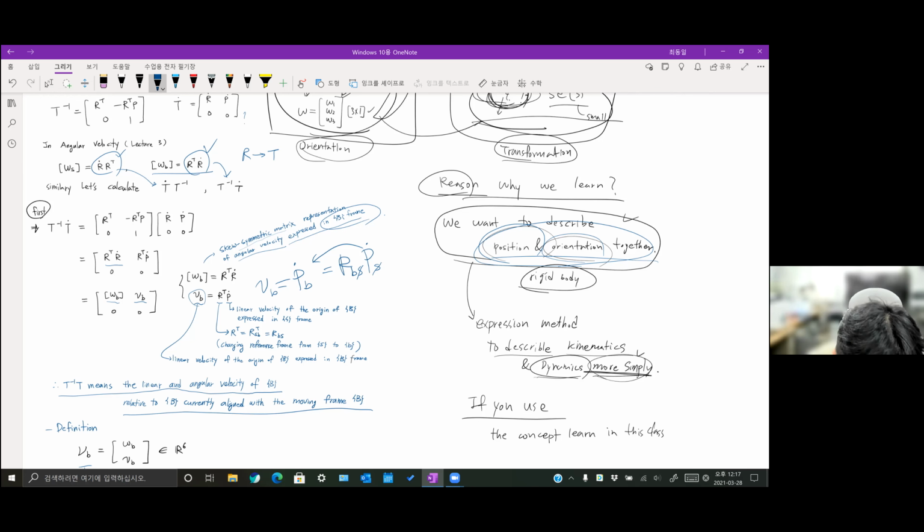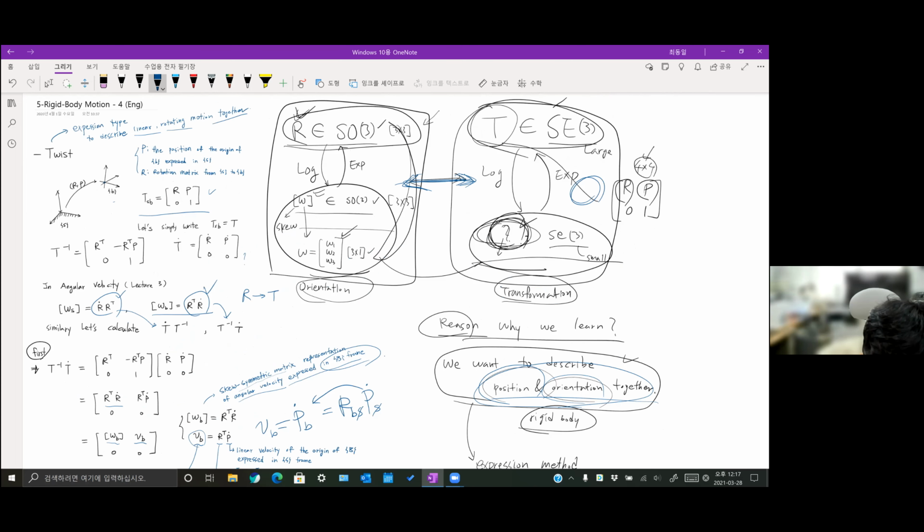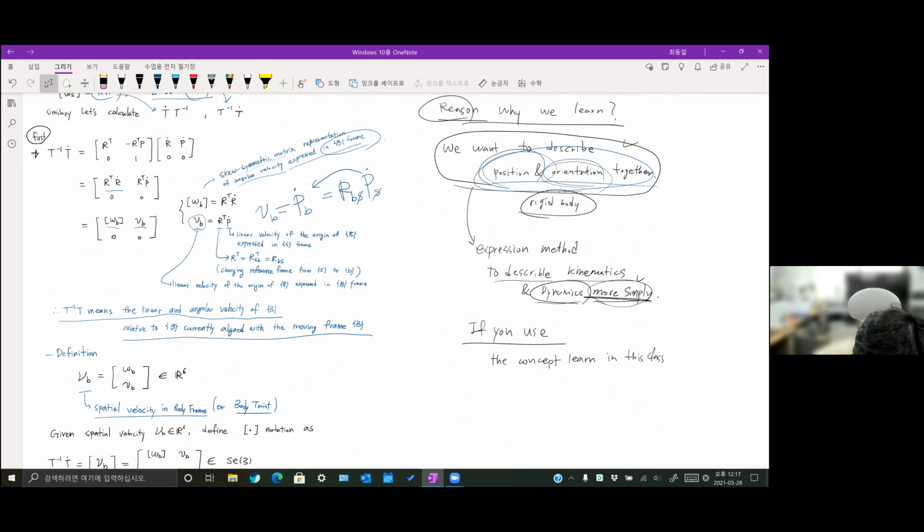So when we describe the velocity of B frame, the reference frame can be in here or in here. So now let's think about B frame moving like this.